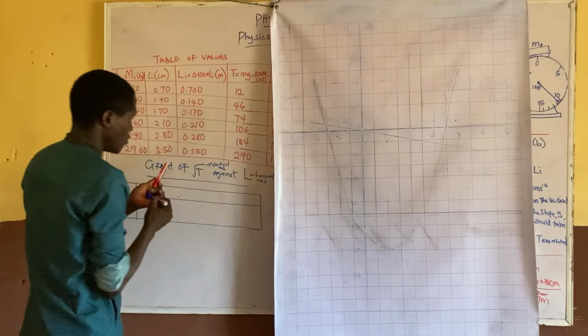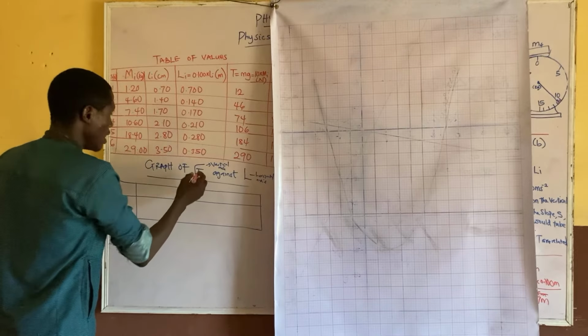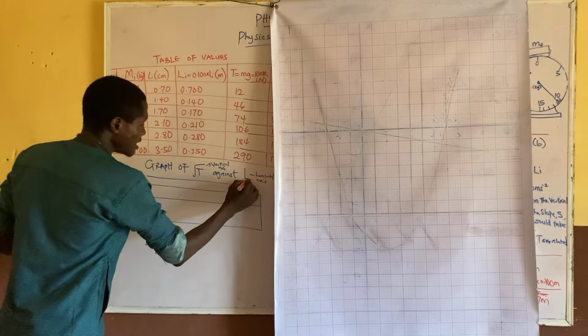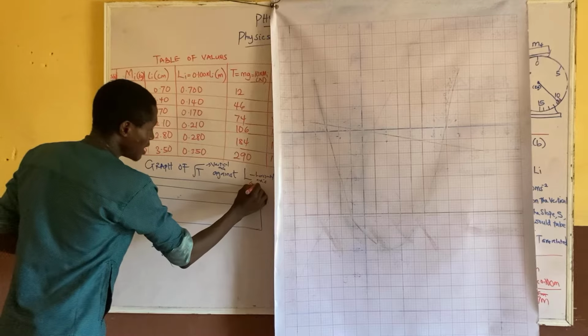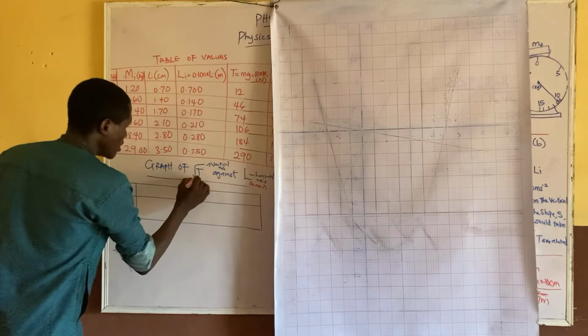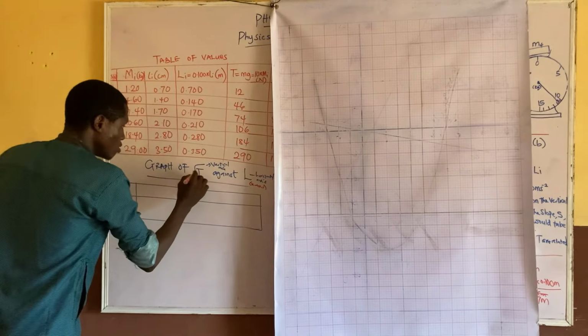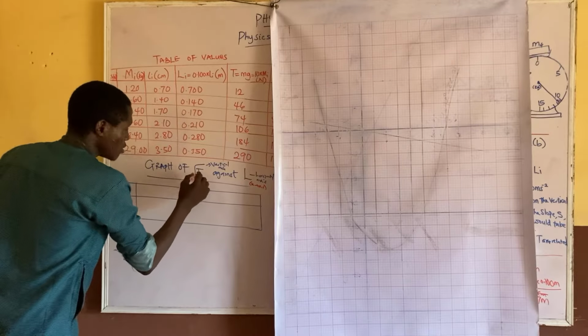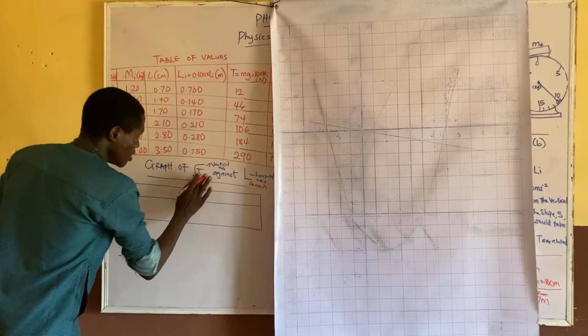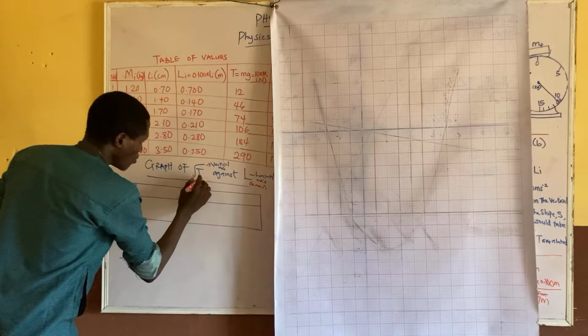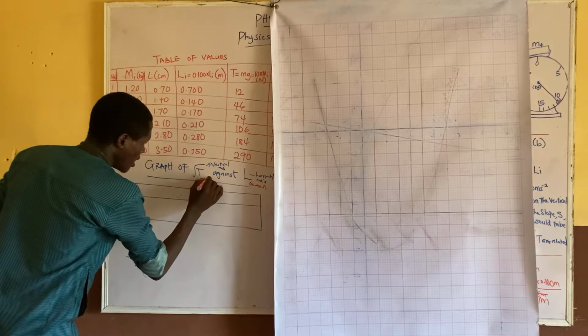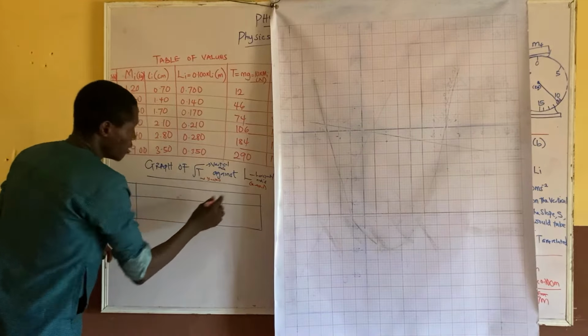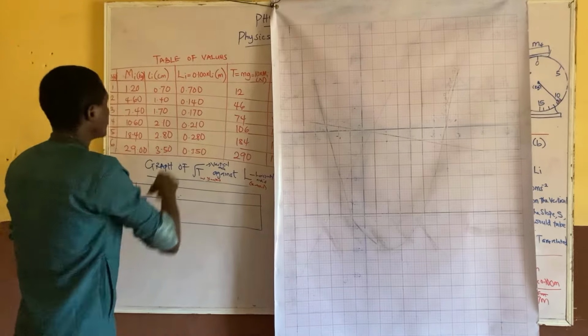So our L will be on the x-axis, and our square root of T will be on the y-axis. Please note this.